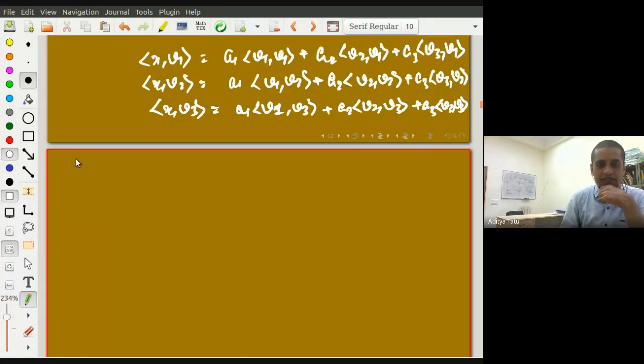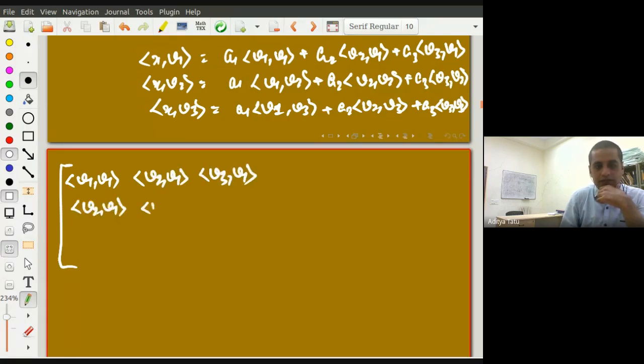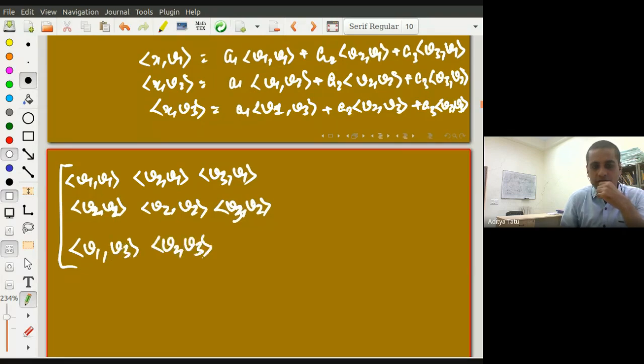As a matrix, this is nothing but: V1 inner product V1, V2 inner product V1, V3 inner product V1; V1 inner product V2, V2 inner product V2, V3 inner product V2; V1 inner product V3, V2 inner product V3, V3 inner product V3.